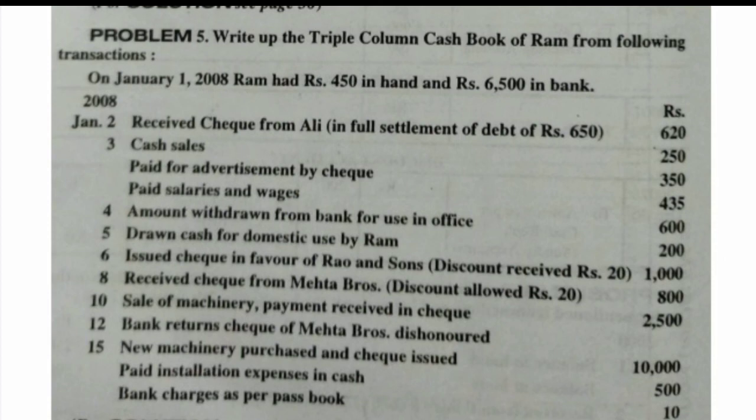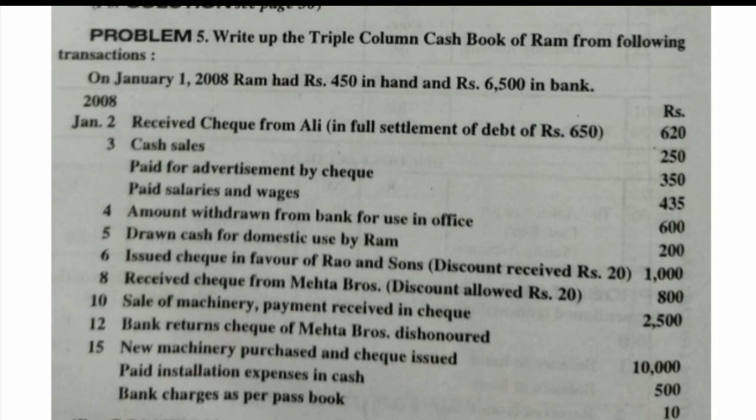For the machinery purchased, we will record the journal entry: machinery account debit, because machinery is coming in, to bank account 10,000. Since bank is on the credit side, in the cash book bank column on the credit side, you have to take 10,000 in the bank column by naming it as by machinery.